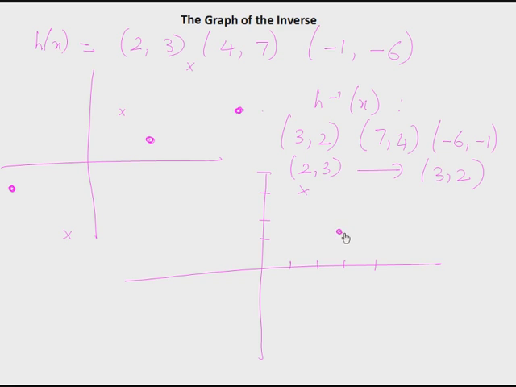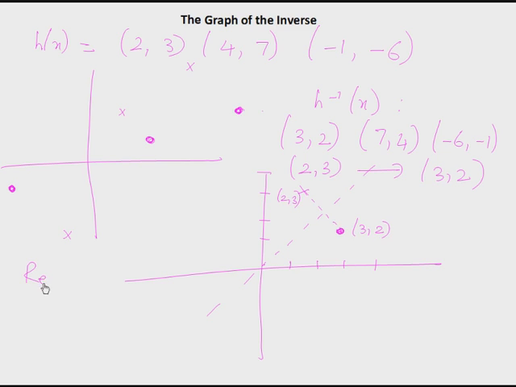It ends up here. So what's happening to it? Well, the x and y coordinates are being flipped. And geometrically, that means that if I take the line at a 45-degree angle and I reflect the point in that line, I get my point in the inverse. So this point was (2, 3) and this point ends up being (3, 2).